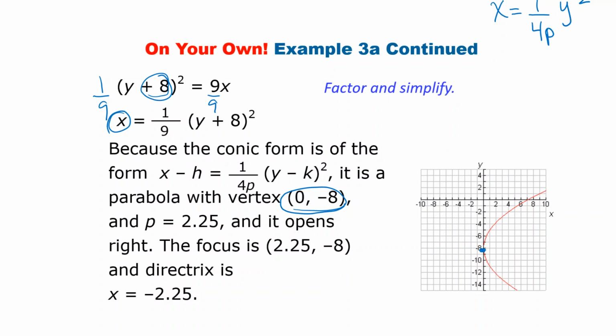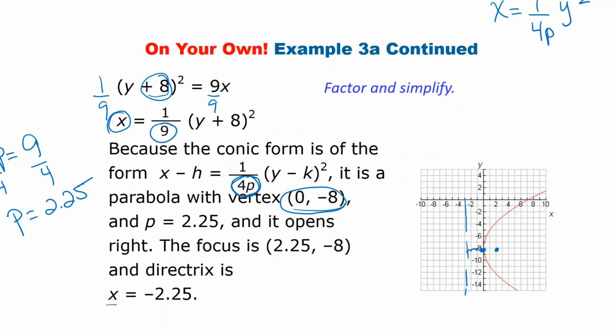I'm joking. All right, to find our P, we know that 4P equals 9. So we say 4P equals 9. Divide both sides by 4, and we get P equals 2.25. Okay, so that means 2.25 this way is my directrix, and 2.25 this way is my focus, and that's how I know.